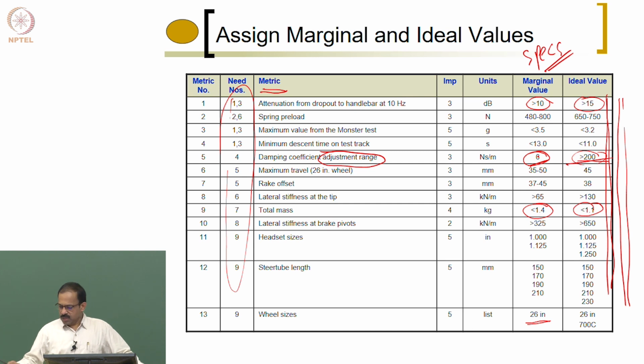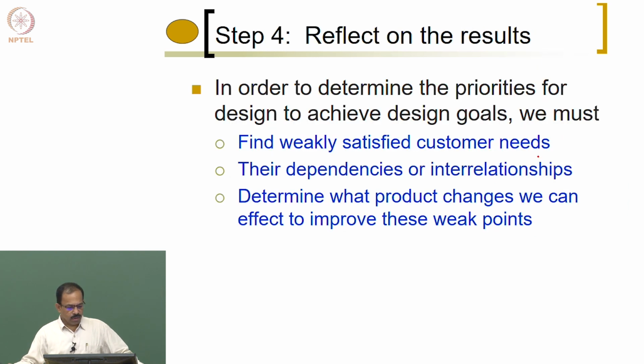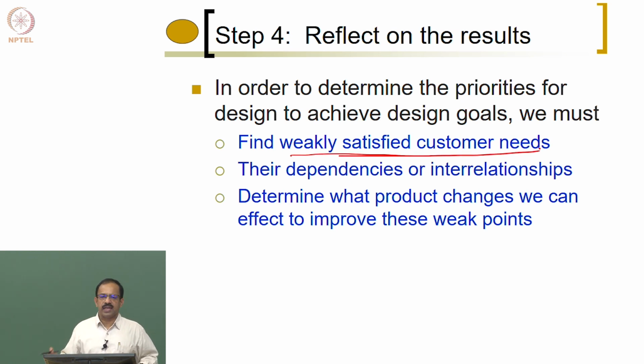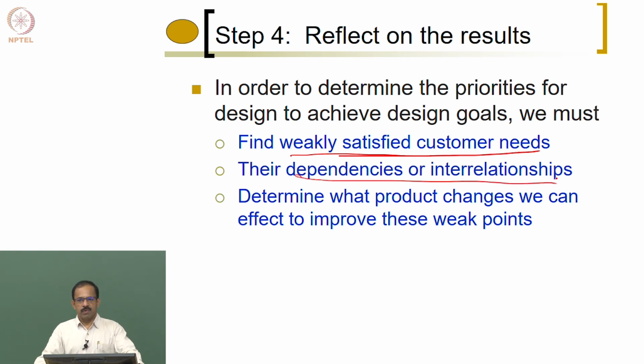All right. So now, finally, with all this information, you need to find out a few things. You have to see which customer needs are very weakly satisfied by your design. Based on your metrics and values, you have to find out which are weakly satisfied and how they depend on each other, because when you try to improve some of the metrics, other metrics will get affected.